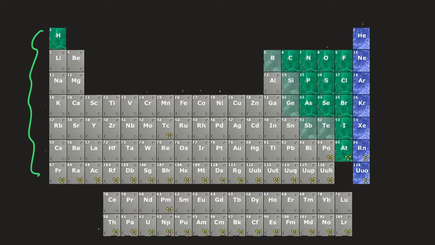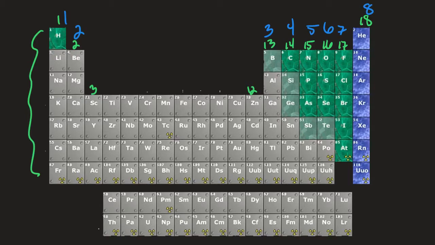You see, tall groups. Now, really and truly, these groups are numbered 1, 2, 3 through 12, 13, 14, 15, all the way to 18. But if we look at the periodic table, the main groups, we can just number all the way over. 1, 2, 3, 4, 5, 6, 7, 8.